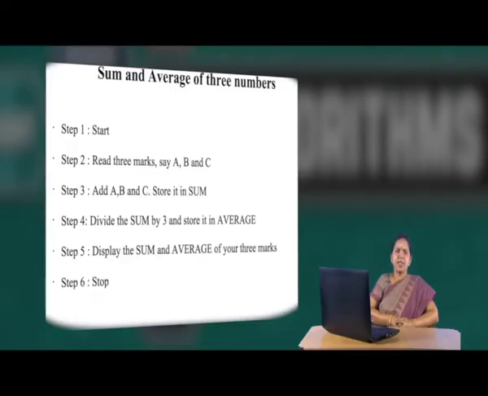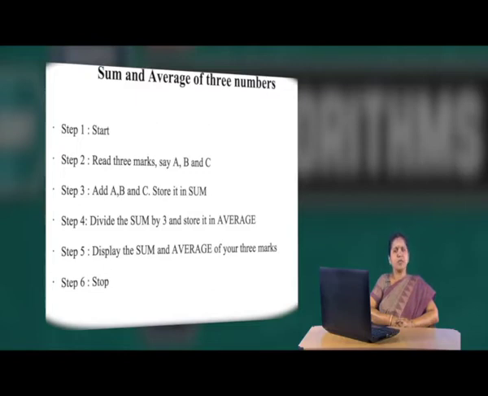The first and last step of an algorithm is always start and stop. The second step is to read the marks whose sum is to be found out. Then we add 3 marks to find the sum and store it in a variable called sum. This is the third step.